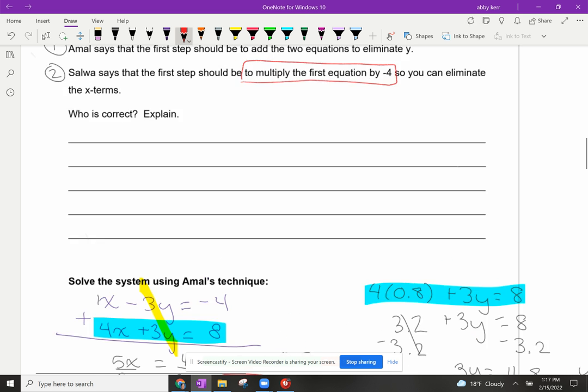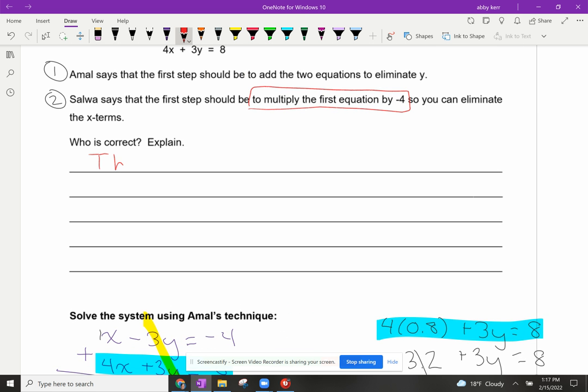So who is correct? They both are, because they get the same answer.